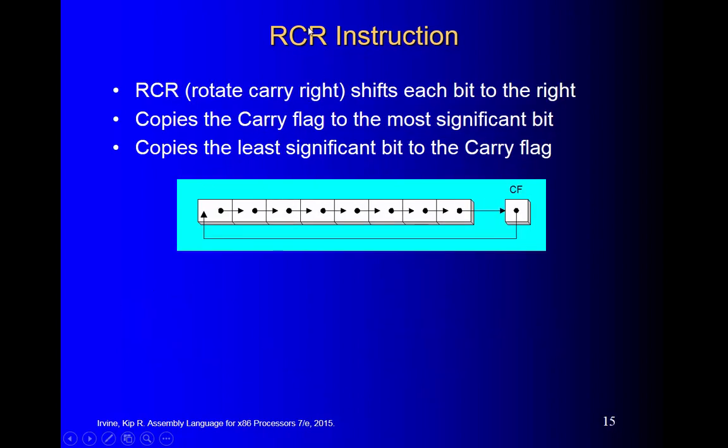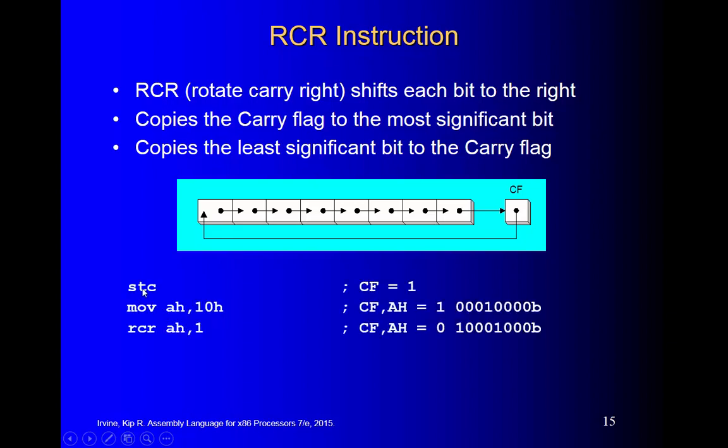Rotate the carry to the right. The least significant bit will copy into CF. Whatever is in CF will be copied back to the most significant bit. STC is an instruction. This is going to set the carry flag to be 1.